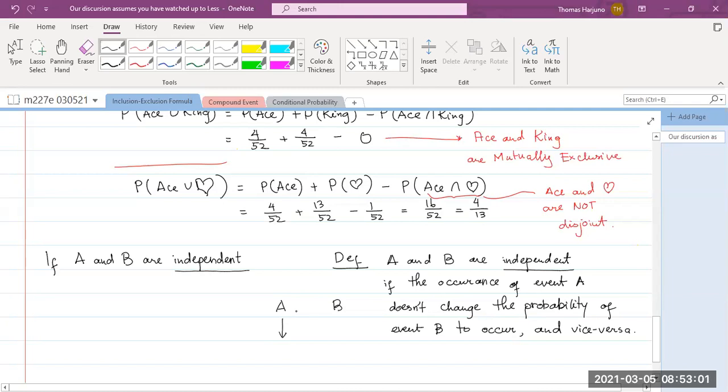Okay, like for example, if I broke up with my ex-girlfriend, right? Let's say I broke up, and then we said, oh, we are now independent of each other. Then whatever I do has nothing to do with her, and whatever she does has nothing to do with me. That's what independent means.